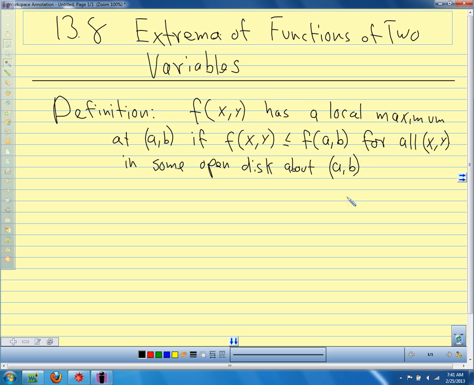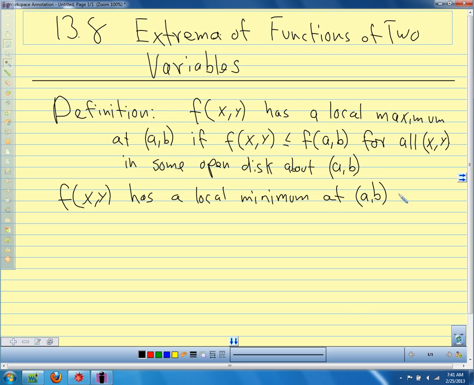The local maximum, we're just talking about the behavior compared to nearby points. That's what our definition is telling us. We're comparing our function to nearby points. If the function nearby is less than the function at this particular point (a,b), then we have a local maximum. And we just turn things around for a local minimum. So f of x,y has a local minimum at our point.